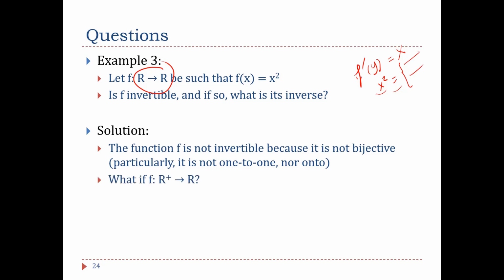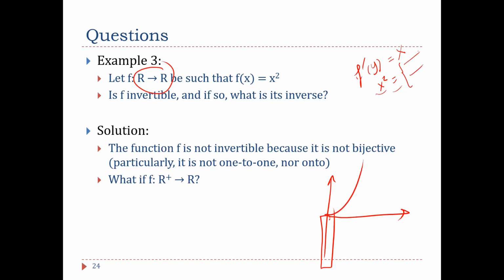Good. Now if we restrict the domain to R plus and the codomain to R, then it's still actually not invertible, because all these elements in the codomain would not have any image in the domain.